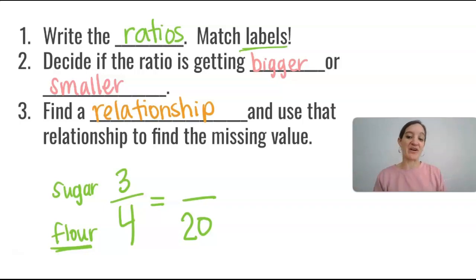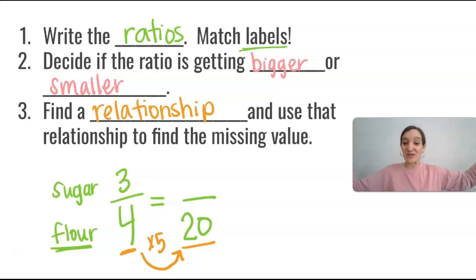For example, with our flour and sugar, if I look and I have 4 and 20, there is a relationship here, isn't there? I'm going from 4 cups of flour to 20 cups of flour. So I'm actually making it 5 times bigger. I'm making not just one batch of cookies, I'm making 5 batches of cookies. So I'm getting bigger.